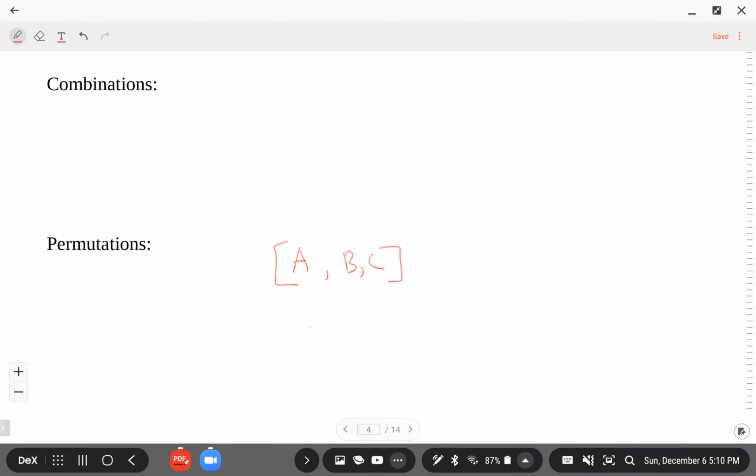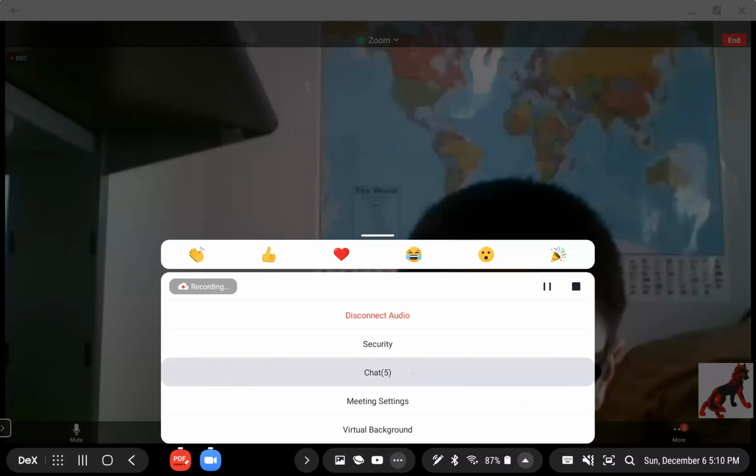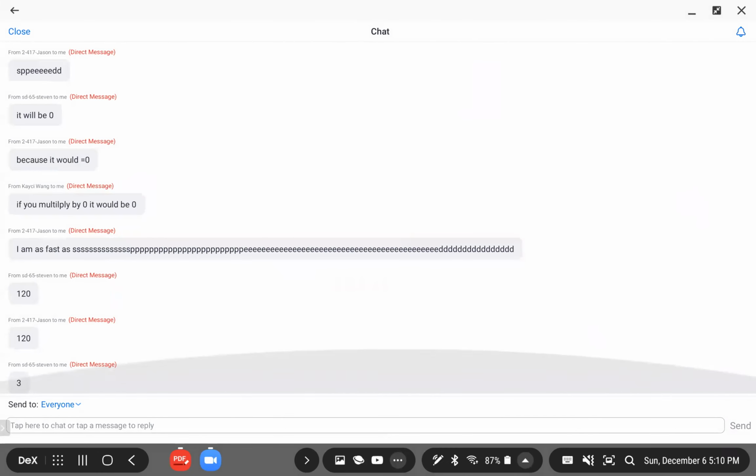N factorial. That is our permutation formula, I could say. So what does n equal? Can anybody tell me what n equals in this formula? Okay, Steven says 3.